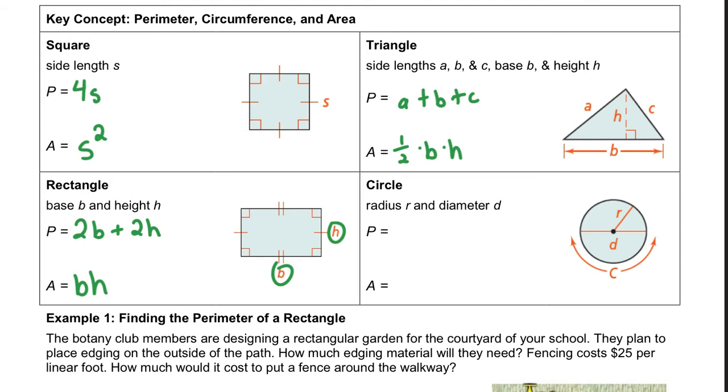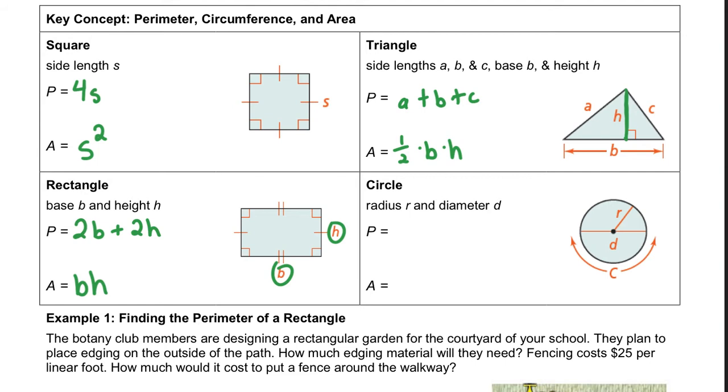One side is the base, and we'll get some practice on finding the base. And the height is the perpendicular height. It's perpendicular to one side, and it goes to one vertex of that triangle. And we'll get some practice picking out the base and the height. That's the biggest thing.